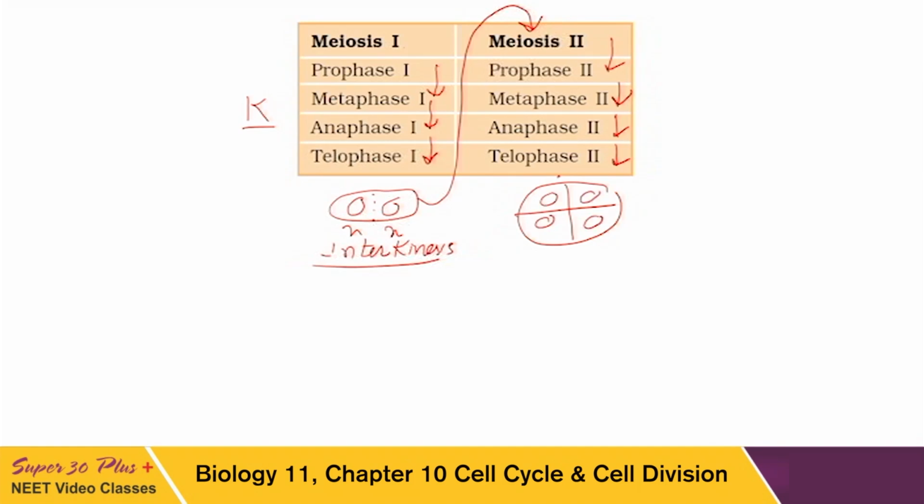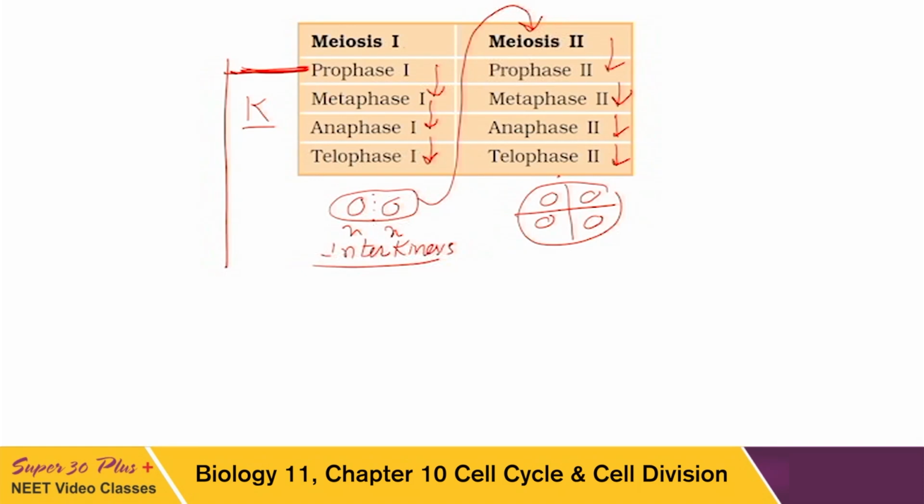We have to see the detail of this. What is important here? Prophase 1 is the most dramatic and most important phase, in which there will be recombination. So see, children, this prophase we can divide into substages. We will see the detail, but first you see the line sketch.